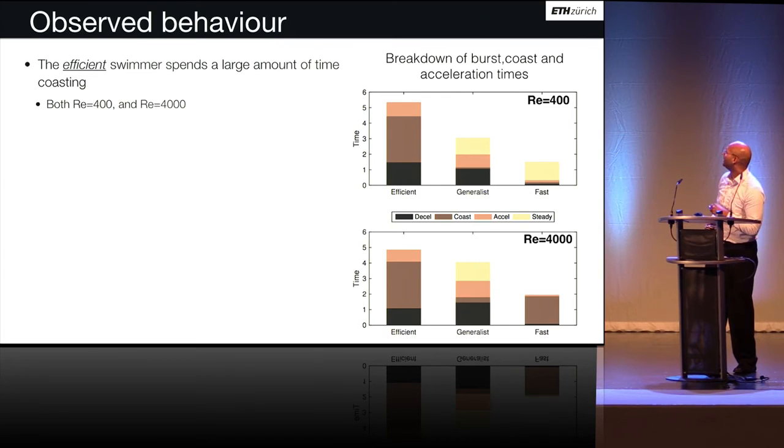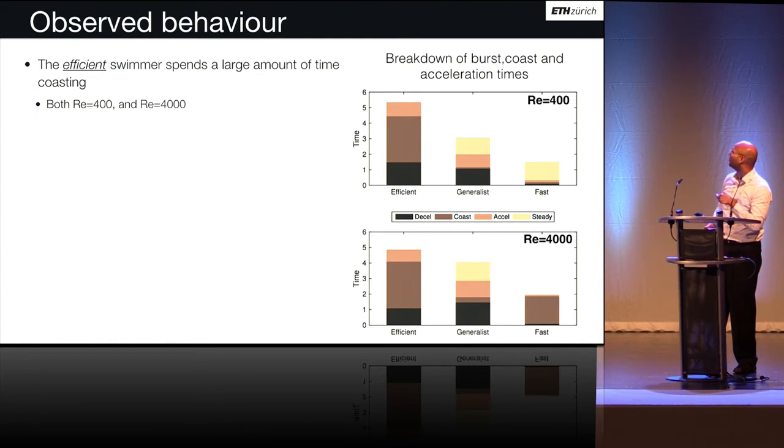If you remember, we had 4 parameters to play with: delta T, deceleration, coast. So this is just a breakdown of how these parameters look like for each of the swimmers. So for a larva and an adult, the distribution is almost identical. You spend a lot of time coasting and almost no time steady.